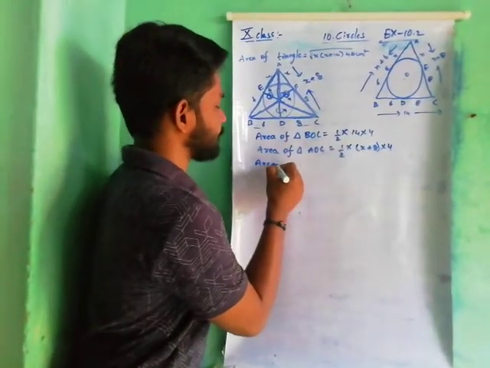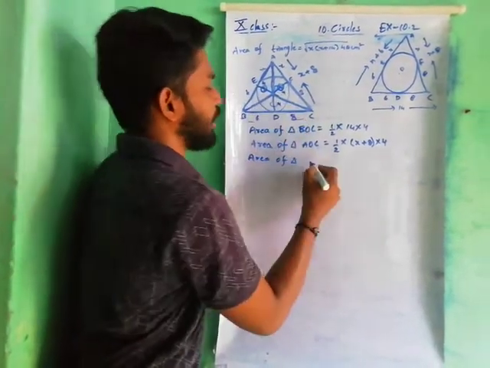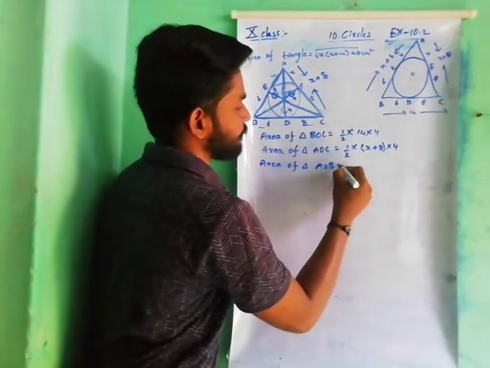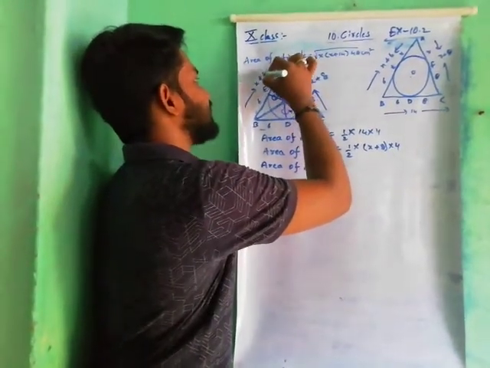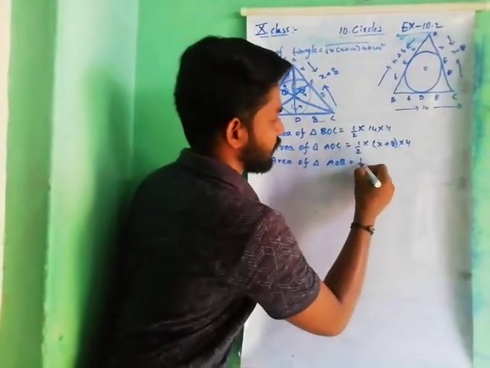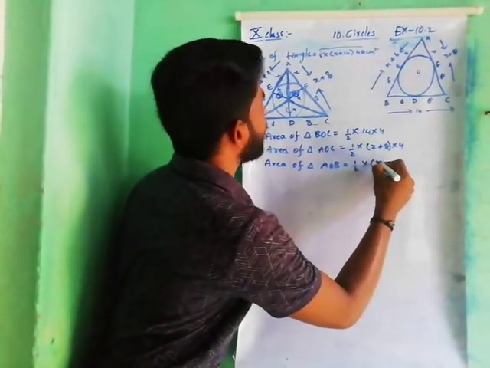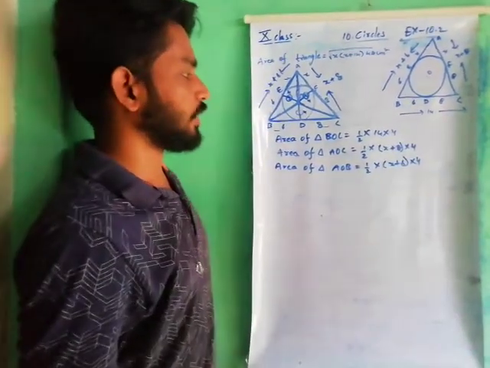And next, area of triangle AOB. Coming to this triangle, the base is x plus 6 centimeters and the height is 4 centimeters. So half into x plus 6 into 4. Okay.